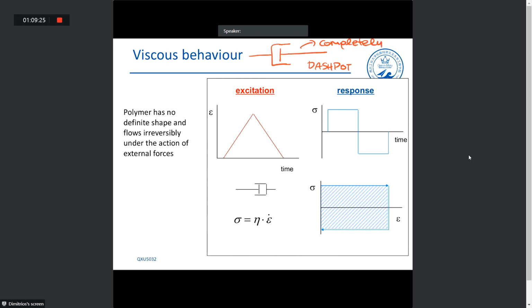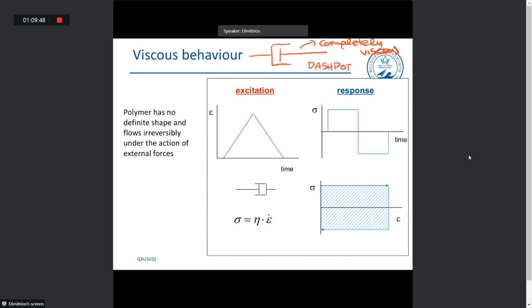As I told you, it gives information regarding how we push, let's say, a piston within a viscous liquid, such as honey or oil. So in this case, the part has a shape, and it flows eventually under the action of external forces.